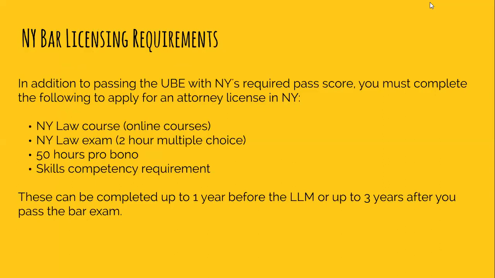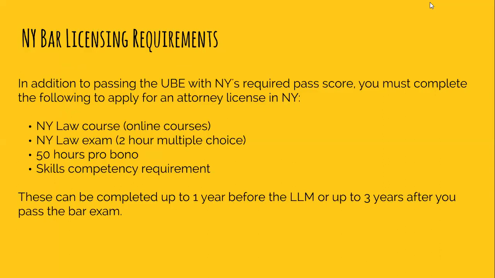So here are the additional requirements in New York State. When New York transitioned from its own state-specific exam to the UBE, they implemented the New York Law course and the New York Law exam. And these are there to educate students on New York-specific state law and test students to make sure there's a minimum proficiency with New York-based law.